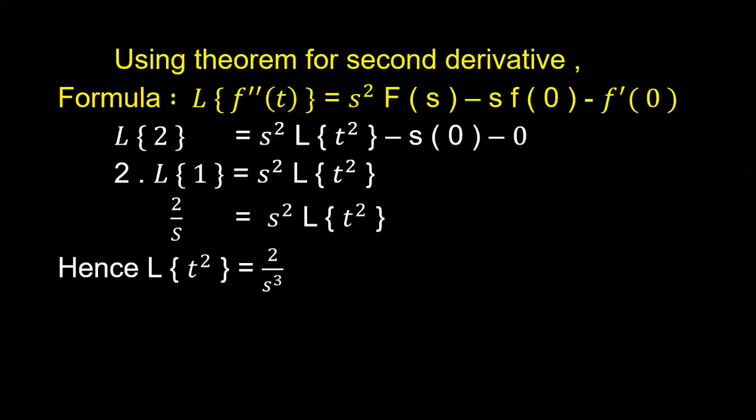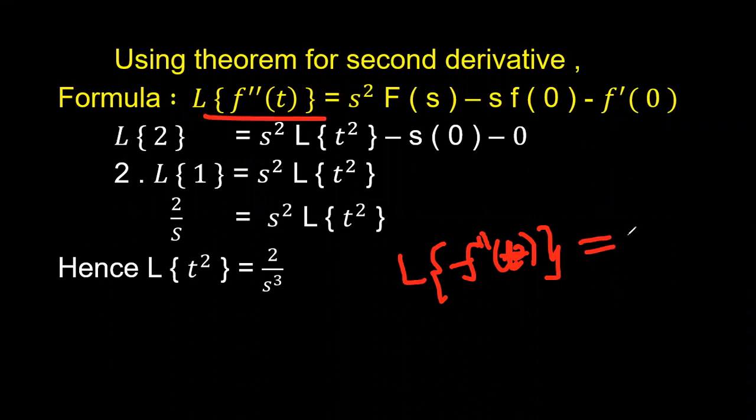Right. So using the theorem, for the second derivative, Laplace transform of f double dash of t is equal to s square F of s minus s into f of 0 minus f dash of 0. Now if you see carefully, Laplace transform of f double dash of t value is equal to 2.